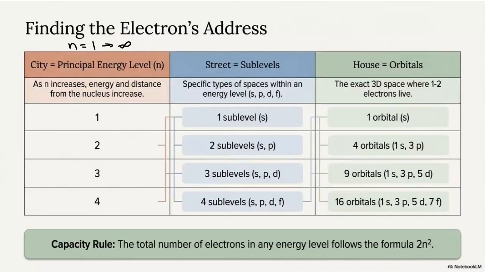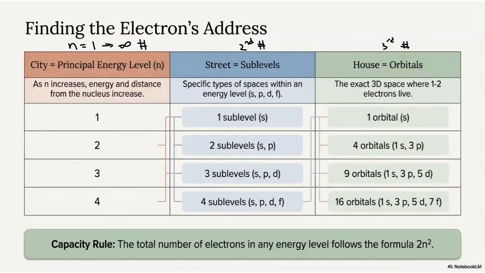The second quantum number is the sublevel. The second number refers to the sublevel. So within that level, there are many sublevels. It tells you the type of level or sublevel you have.